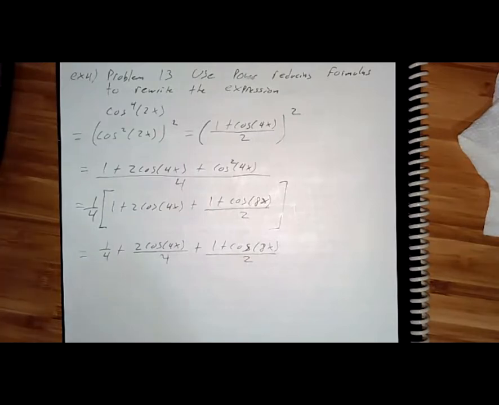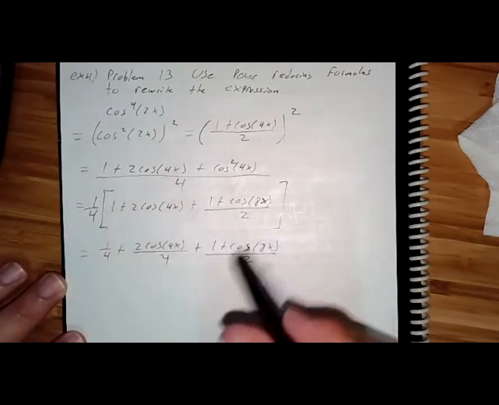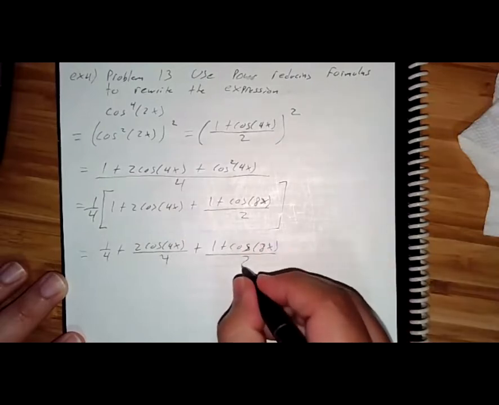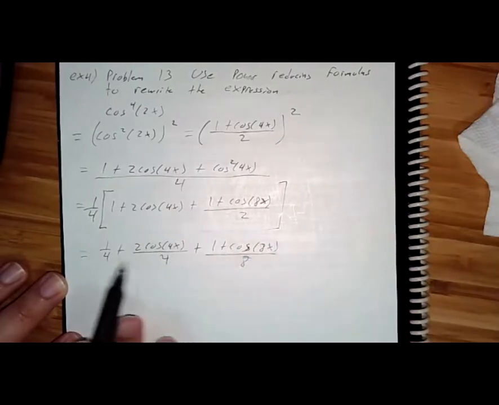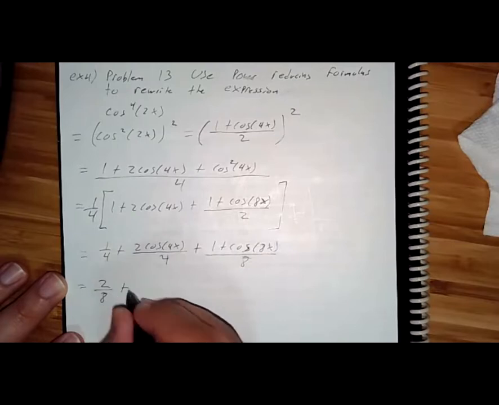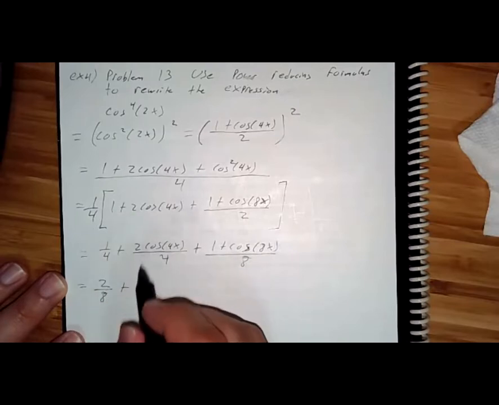Oops, actually 8. Because 1/4 times each of these, this should be an 8. Now, if you want to combine the fractions, you would have to change these to an 8. You don't have to. But if you did, this would be 8 multiplied by 2 over 2, multiplied by 2 over 2, that'll be 4, right?